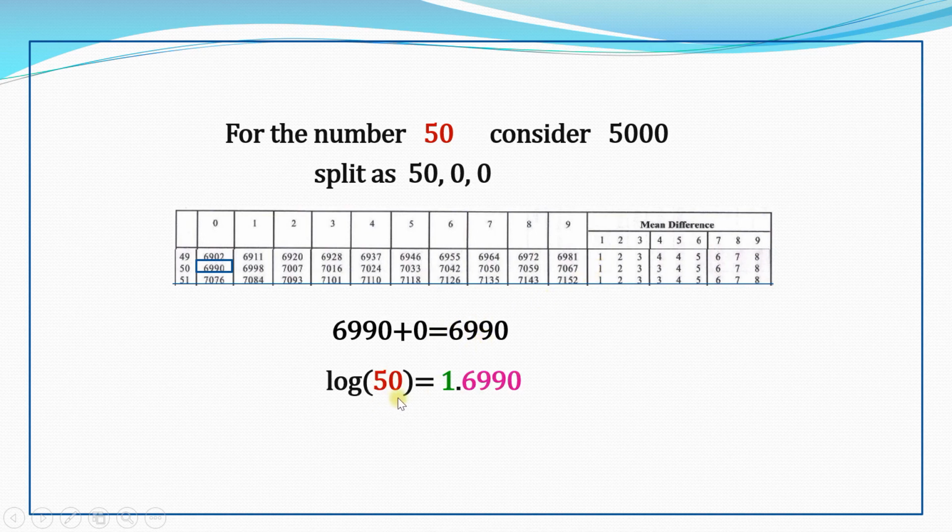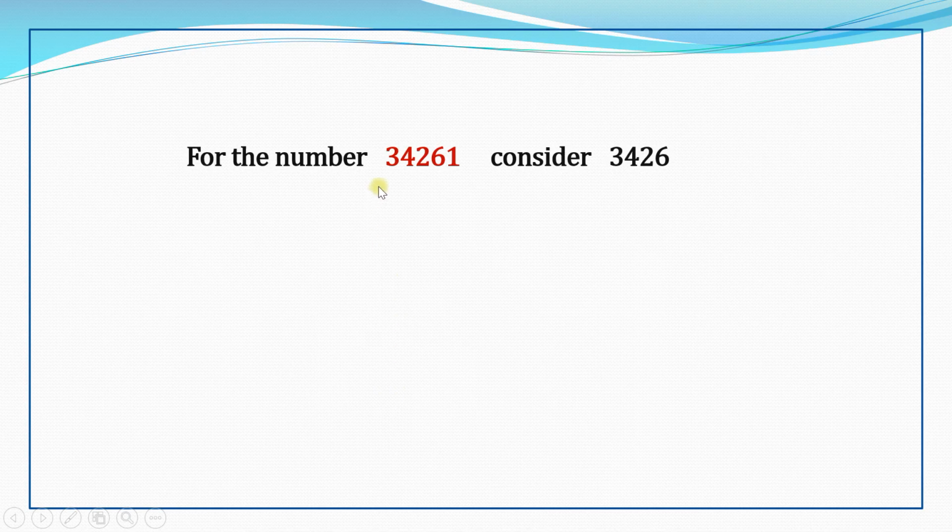For the logarithm of 50, you know this number is greater than 1, so you have 2 digits, subtract 1, so 1 will be the characteristic, place the decimal point here, and 6990, that's the mantissa, and this is the logarithm of 50.